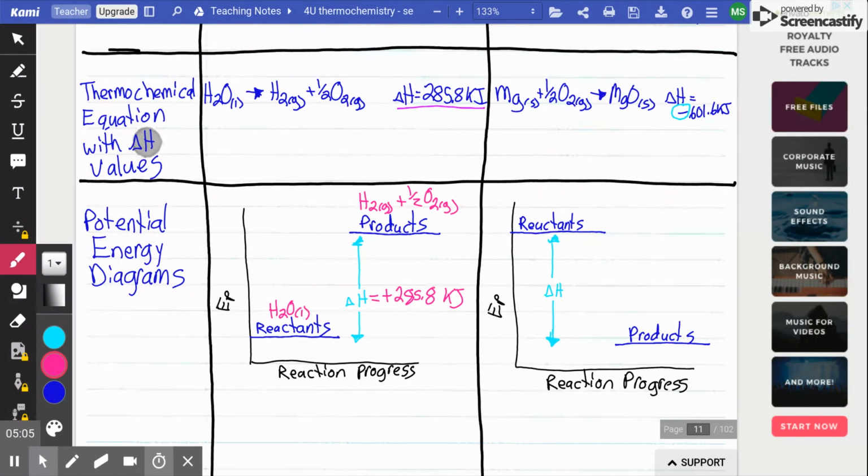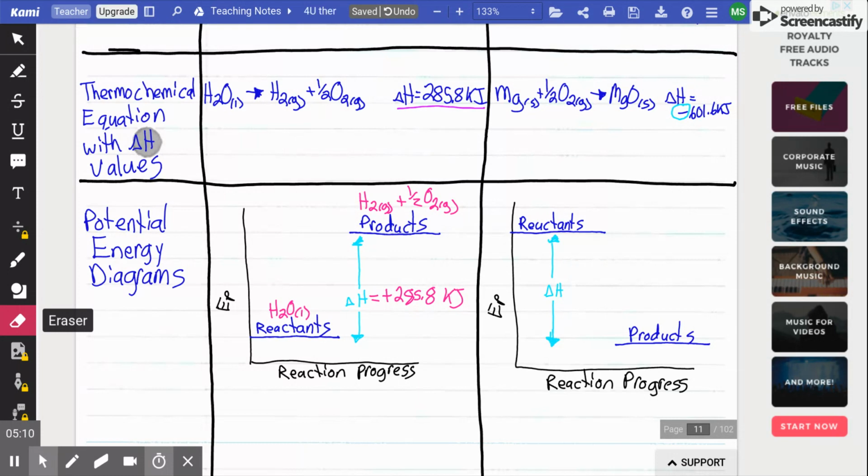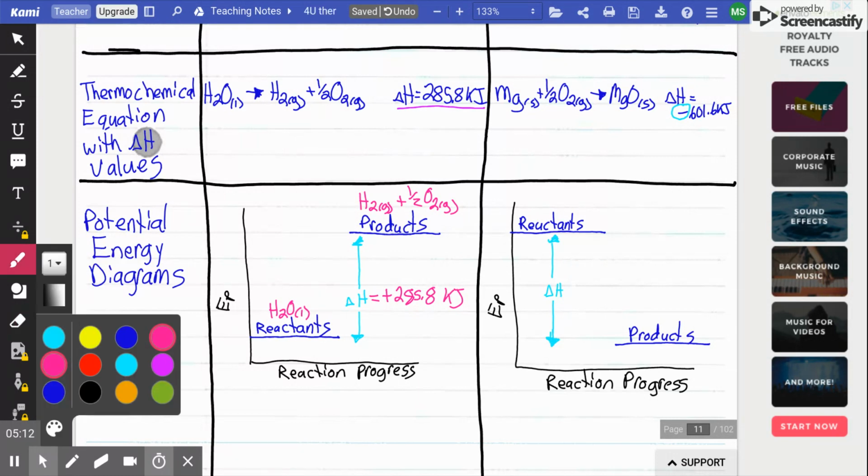So we look at the example of magnesium that we've been working with. We put our solid magnesium up here, plus half an oxygen is going to make solid magnesium oxide down here. And our enthalpy value is negative 601.6 kilojoules.